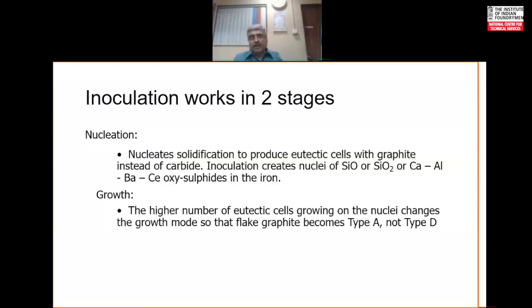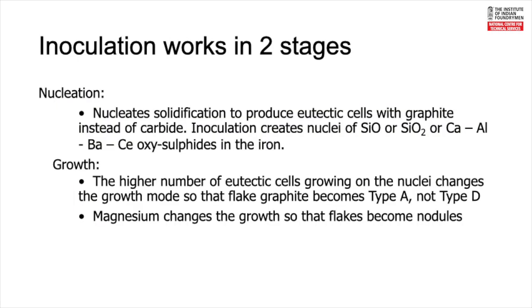If you don't use magnesium, as in gray iron, you will get A type of graphite. With good inoculation you will have less amount of D and more of A. While when it comes to ductile iron, treatment with magnesium, we also call it modification of the graphite morphology, graphite shape.